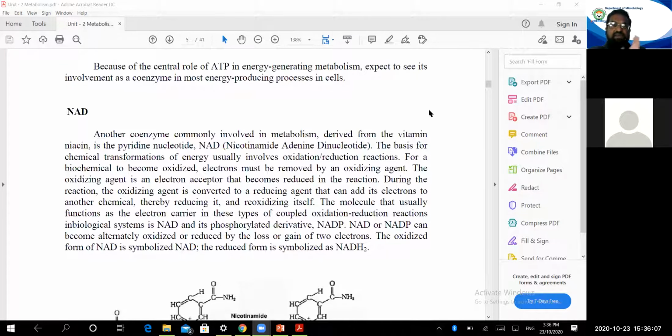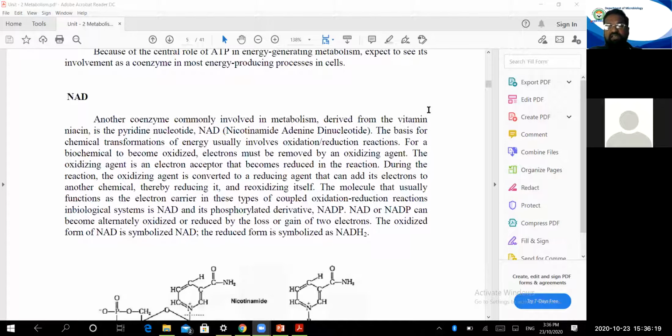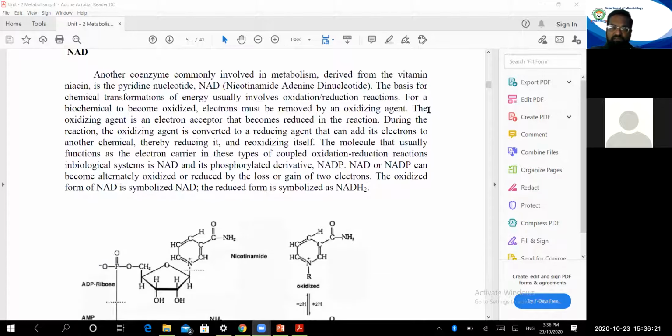When a reduction reaction happens, the reverse thing happens, meaning the substrate takes up electrons from some donor molecule and becomes reduced. Now, how does this happen? For this purpose also, like ATP, what is ATP doing? It is acting as an intermediate molecule for transfer of energy, for transfer of phosphorus group.